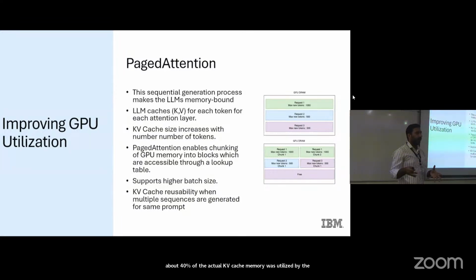Now with the help of paged attention, around 98% of the GPU memory can be used for inferencing. So you can fit more requests in the batch. It increased the throughput. By increasing the throughput, you eventually reduce the latency for a specific request rate.